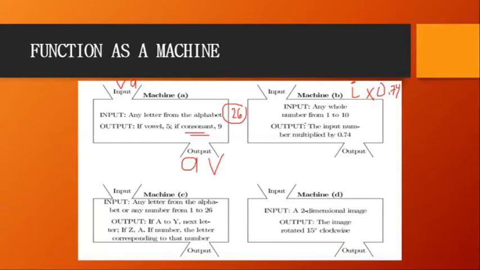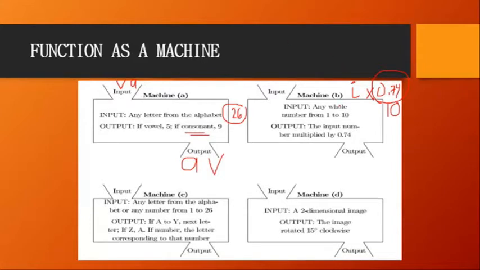Kung ano man ang mapili nating input from 1 to 10, imumultiply po natin yan sa 0.74. Maunti lang din yung domain natin dito. From 1 to 10, meron lang tayong 10 numbers. Ibig sabihin, ang possible x values natin is 1, 2, 3, 4, 5, 6, 7, 8, 9, 10. Okay? Pwede kayong mag-trial and error sa lahat para sure na sure talaga kayo dun sa inyong sagot.